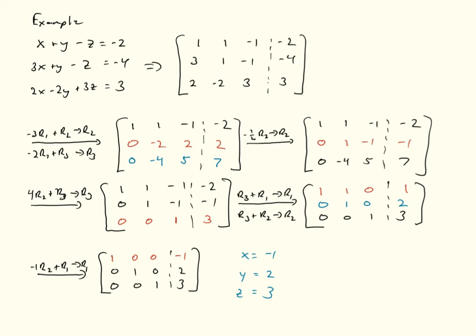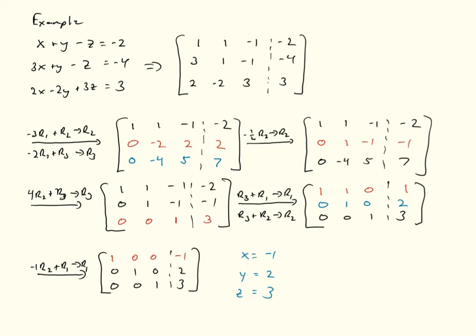That's a 1, and these are both negative 1. So I'm just going to add row 3 to both row 2 and row 1. The first thing I'll do is row 3 plus row 1 stored in row 1, and row 3 plus row 2 stored in row 2. You'll notice in black I have row 3. I wrote that out first because that's the row that's staying the same. It's not changing.